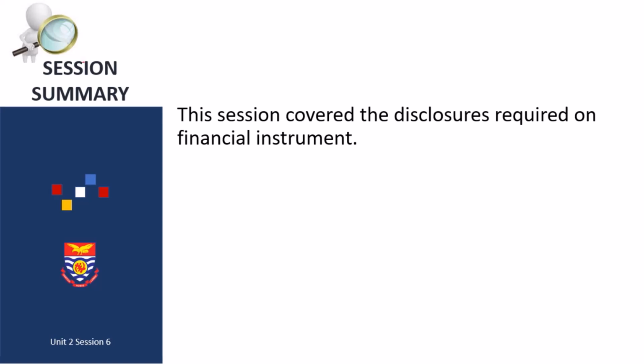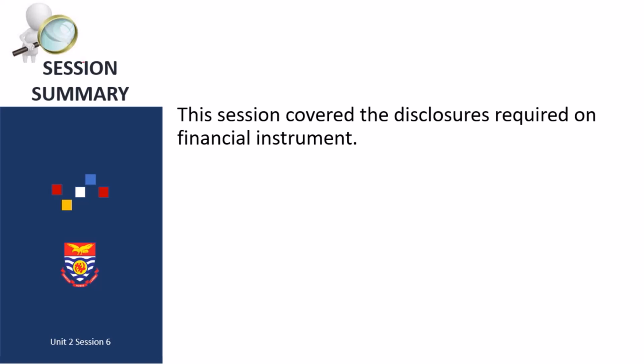So in the whole of Unit 2, we are looking at accounting for financial instruments, and we looked at why there is a need to account for financial instruments. We looked at the complex nature of financial transactions and business practices. We've also looked at IAS 32, which covers financial instrument presentation.